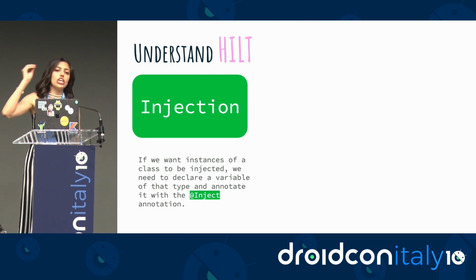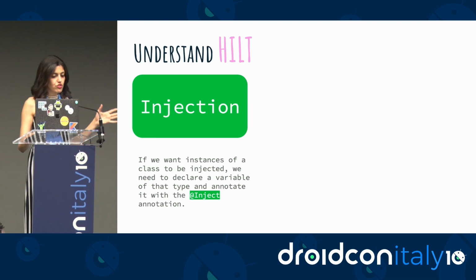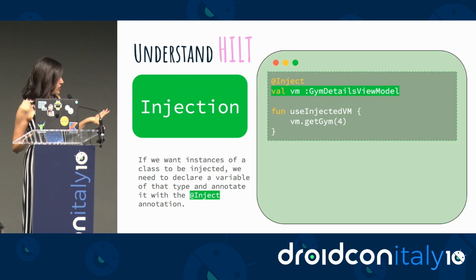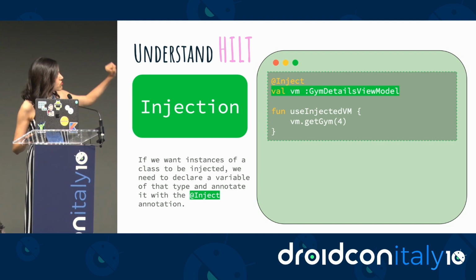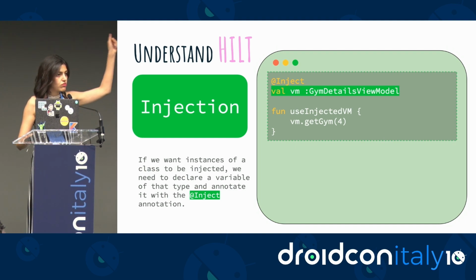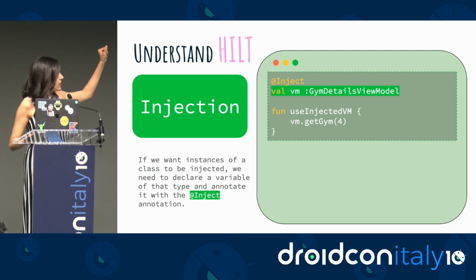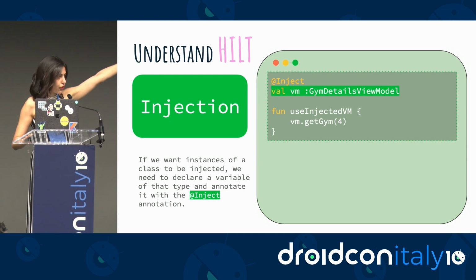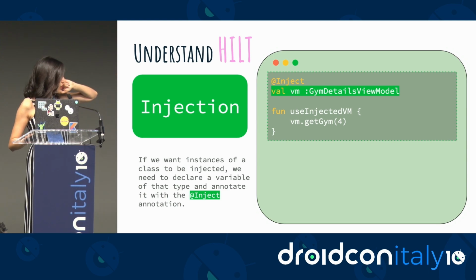If I want to inject an instance of a class into another one, I just add the annotation @Inject to it. For example, if I need the view model somewhere in the app, I will just add @Inject before the field, before the instance of it.